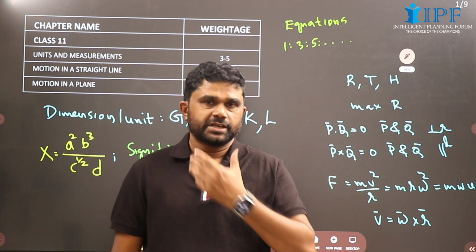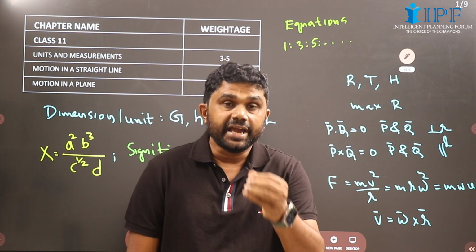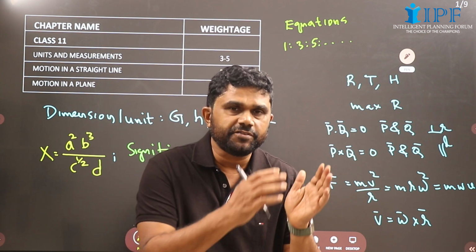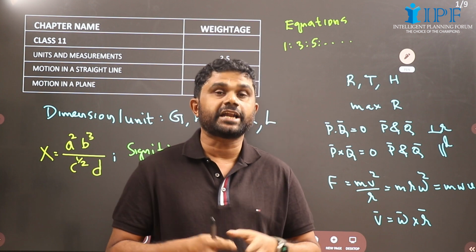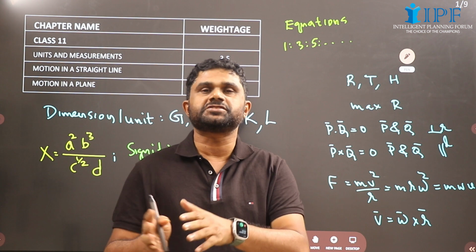For example, suppose force is plotted against time. Then the area under the graph will be force into time, that represents impulse or change in momentum. Now suppose momentum is plotted against time.